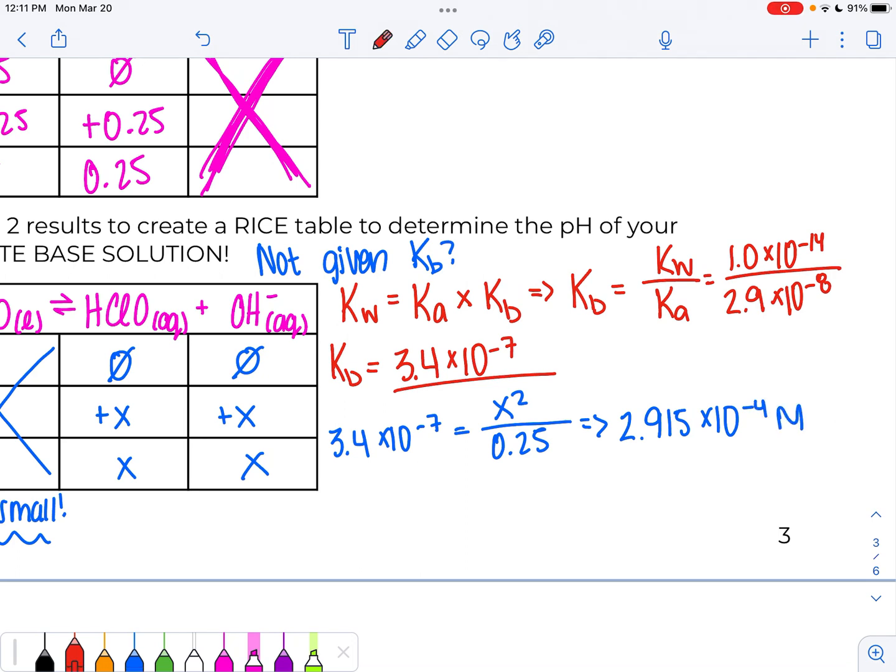And why do we care about this? What is this actually telling us? Well, in this case, our x value is equal to the concentration of our hydroxide ion. So if I want to solve for pH and I have hydroxide, I first have to solve for pOH, which is the negative log of my hydroxide concentration.